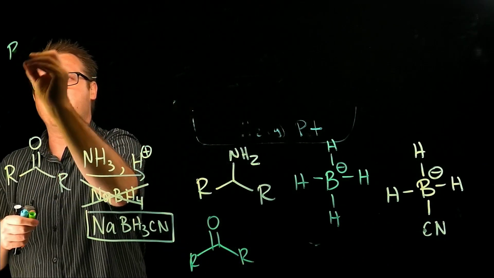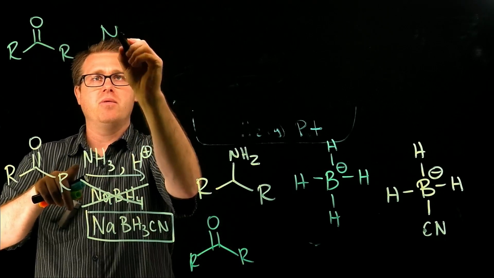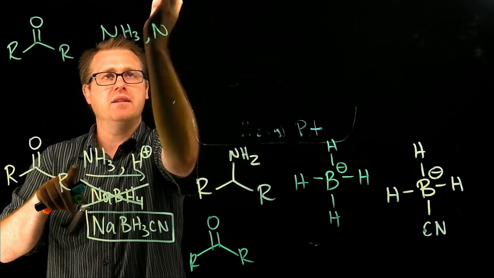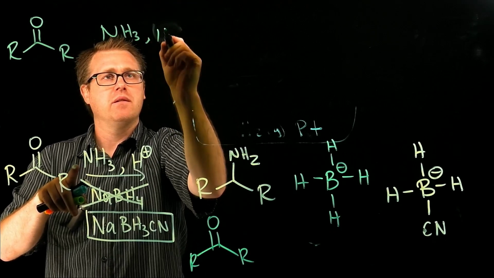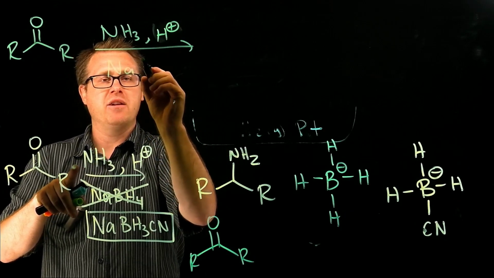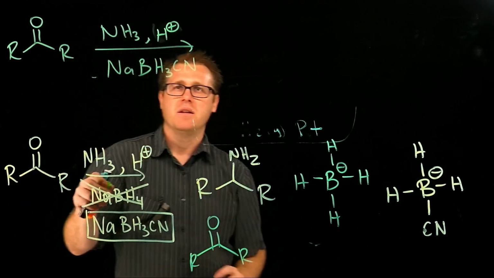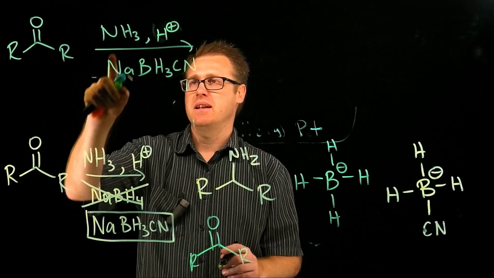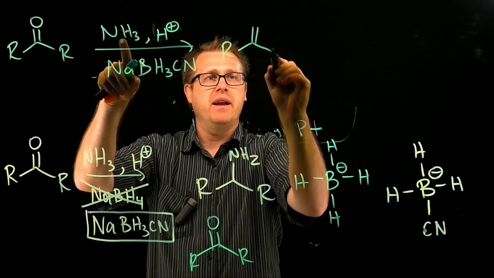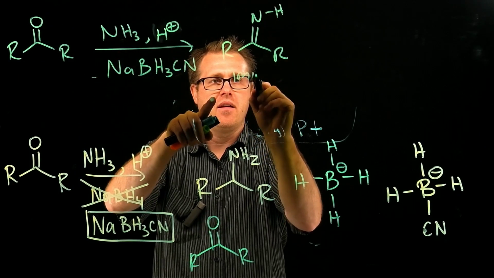So we have a generic aldehyde or a ketone. When we treat it with NH3 and some acid, and then sodium cyanoborohydride, okay. The first thing that happens is the acid and the amine generates the imine.